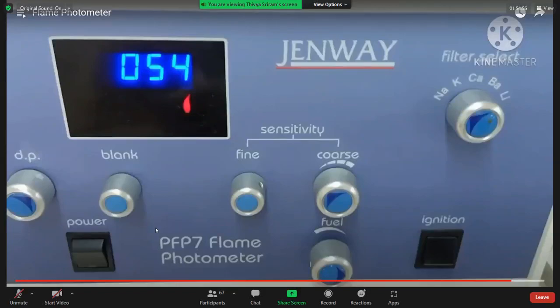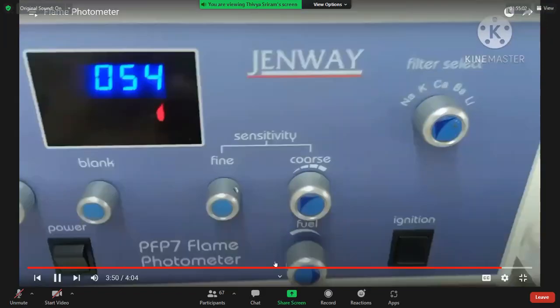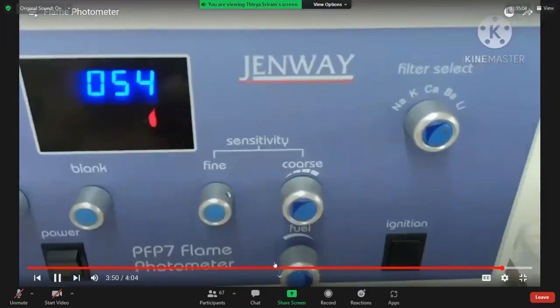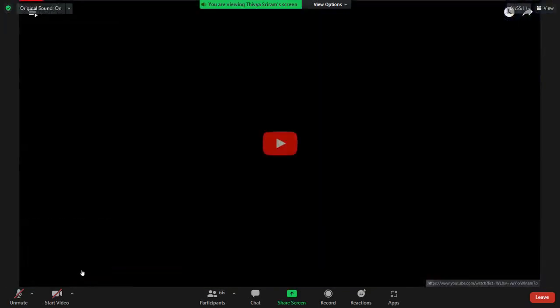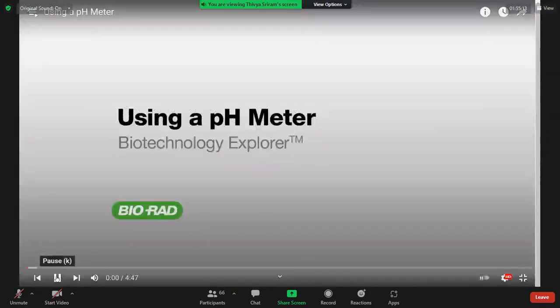Then after that, you can change each and every concentrated sample. No matter how many solutions we will be having, all we need to do is just keep replacing.